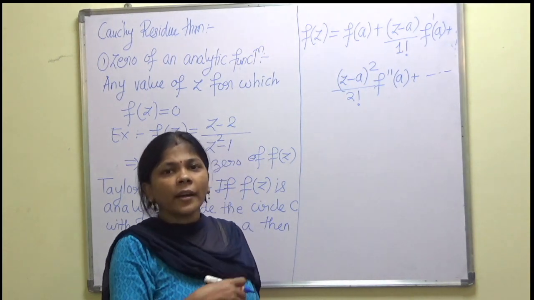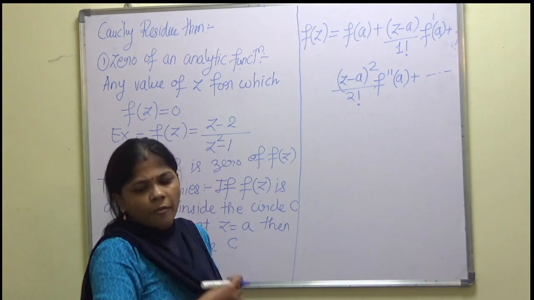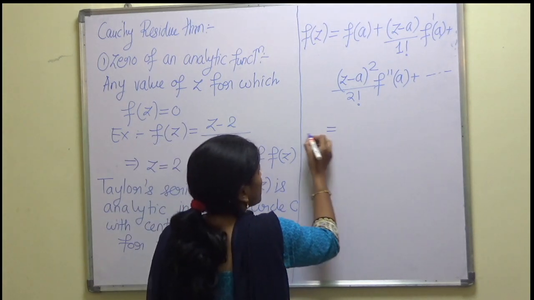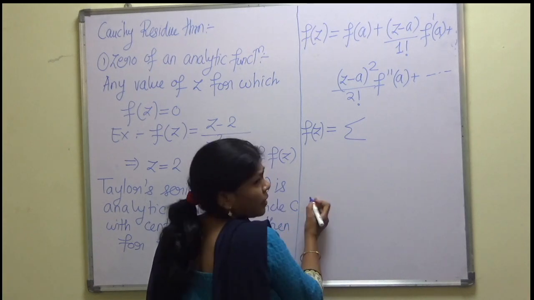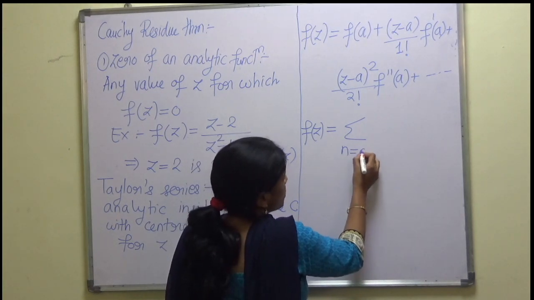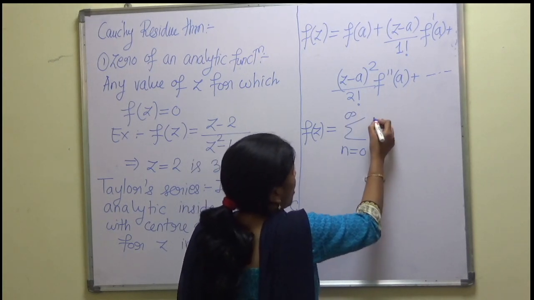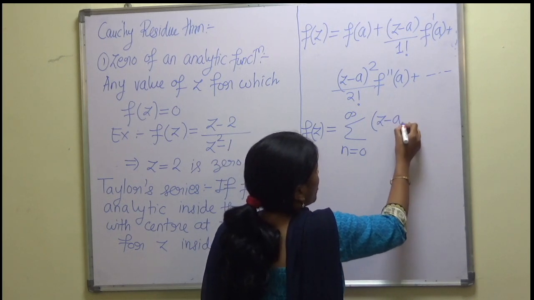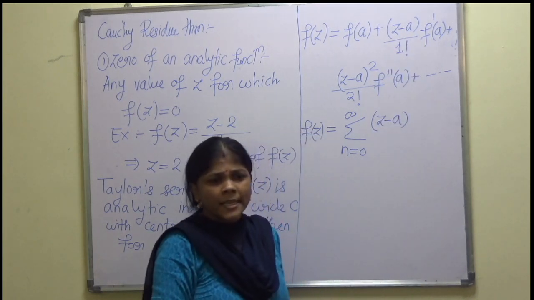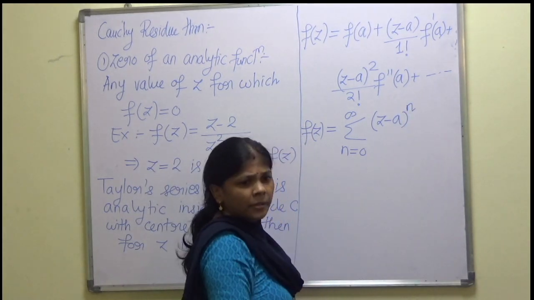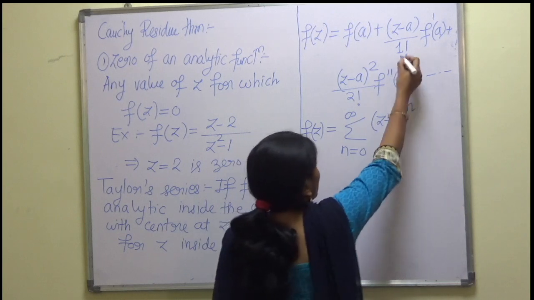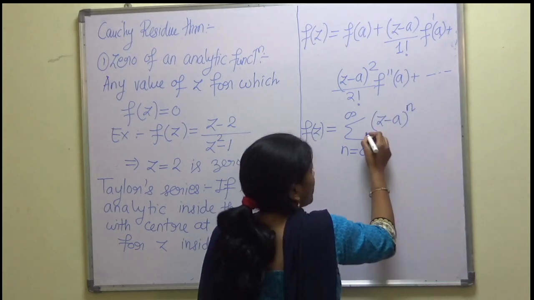Now we can write a most generalized form for this. So f of z can also be written as summation from n equal to 0 to infinity of, what we are observing here, powers of z minus a. The generalized term will be z minus a raised to n. Then we find factorial terms, 1 factorial, 2 factorial, like this.